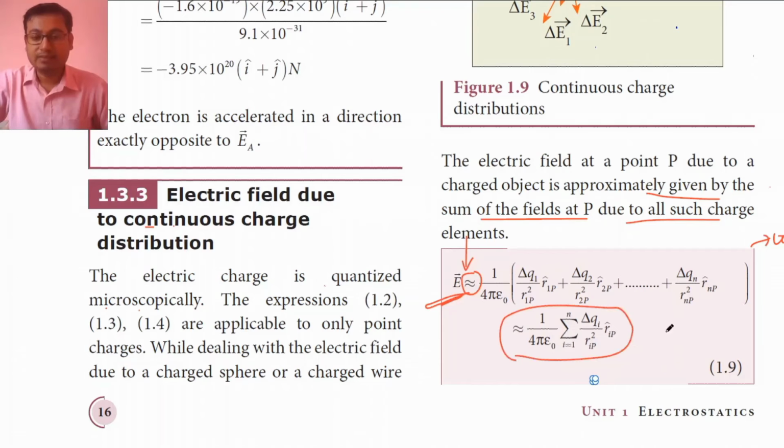This is the correct method to read this. So this is the approximately total electric field at point P because of n charge particles which are continuously distributed.